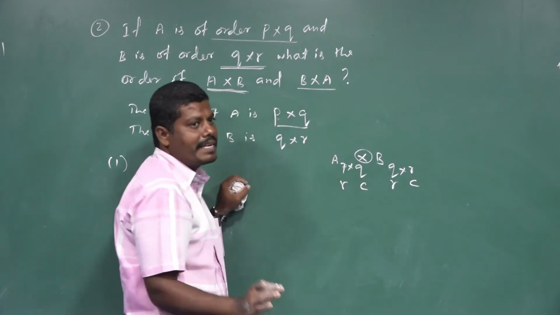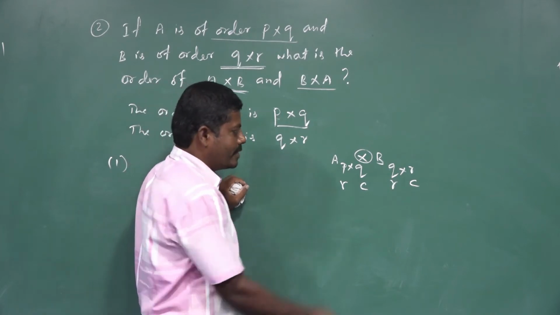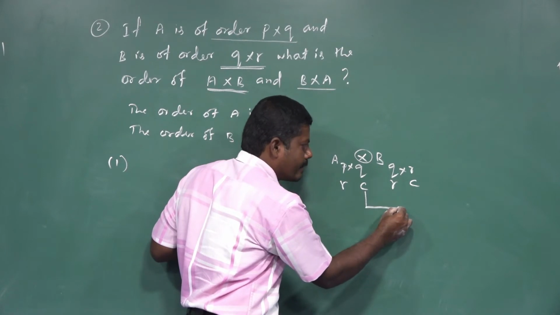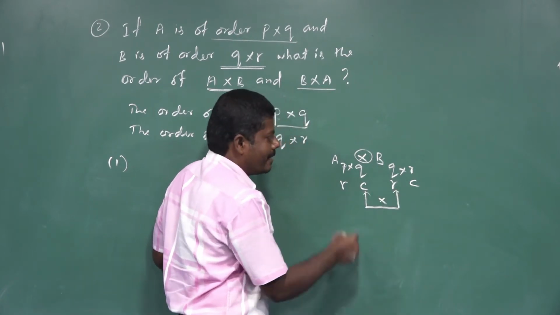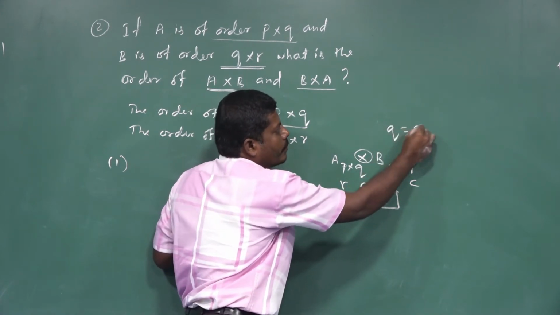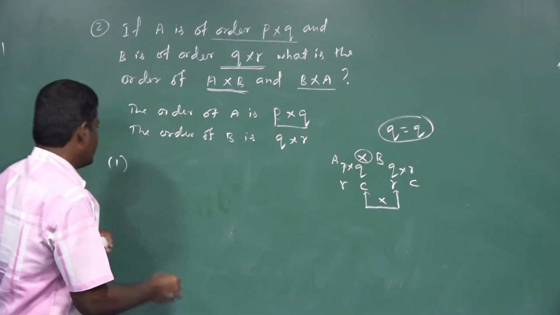Then only matrix multiplication is possible. Otherwise, matrix multiplication is not possible. If you see here, the number of columns in the first matrix is equal to the number of rows in the second matrix. Therefore, matrix multiplication is possible here because number of columns Q, number of rows Q. So Q is equal to Q. Both are equal. Therefore, product of AB is defined.